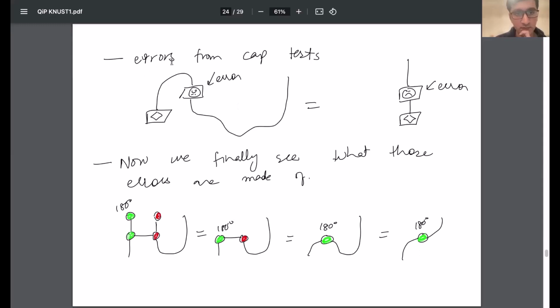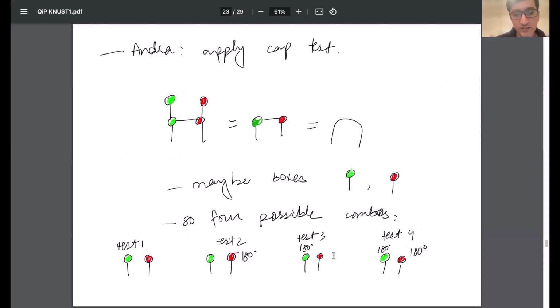So in the diagram that we saw previously, we applied a cap state, and there was a possibility of an error, and that error was propagated to the other side. Now, we can replace this cap state with the error with one of these 4 states that we have drawn.